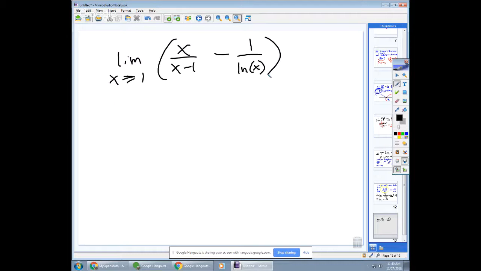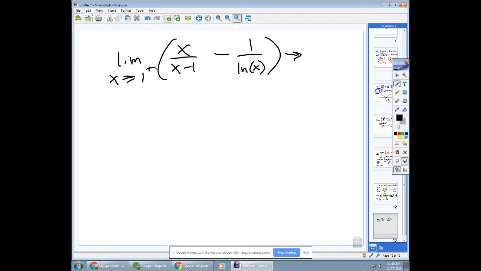At first glance, what happens here? If I plug in 1 to the first thing, I get 1 over 0. Yeah, 1 over 0, problem. If I approach from the right side, then 1 over 0 becomes positive infinity.